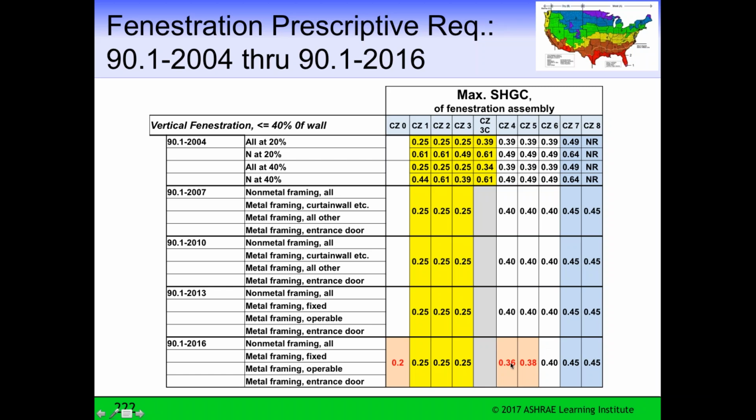This is the only change in SHGC in recent time, and fairly significant. So you should be aware of this if you're doing compliance in the middle regions of the US.